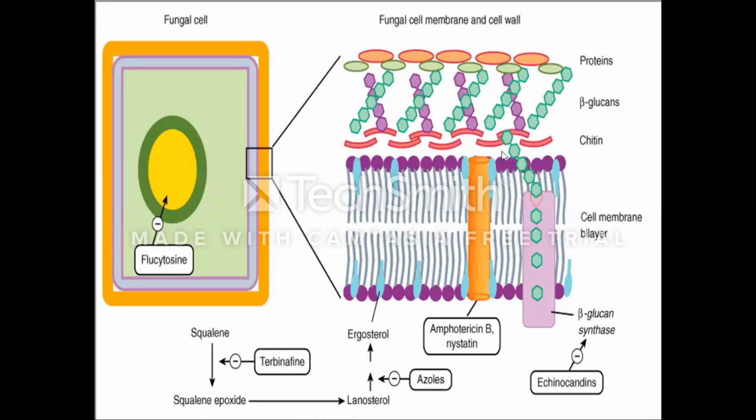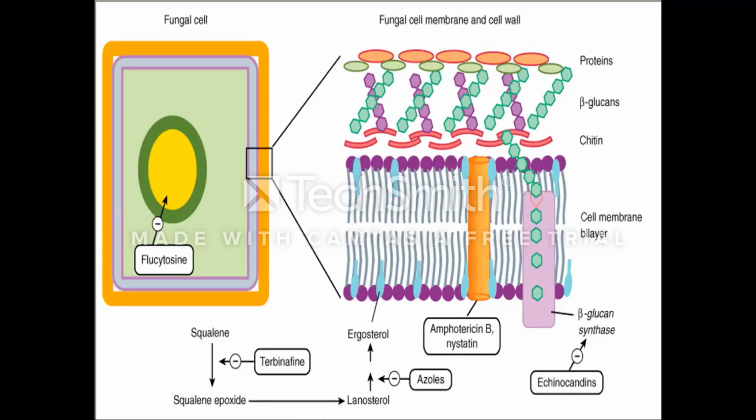When this cross-linking of the cell wall gets added up, it gives strength to the cell wall. Now, echinocandins, can you see over here? There is a negative sign. Echinocandins inhibit this enzyme called beta-glucan synthase. So what happens? The synthesis of this beta-glucan stops, as a result of which the cross-linking will stop, and that will create damage to the cell wall.